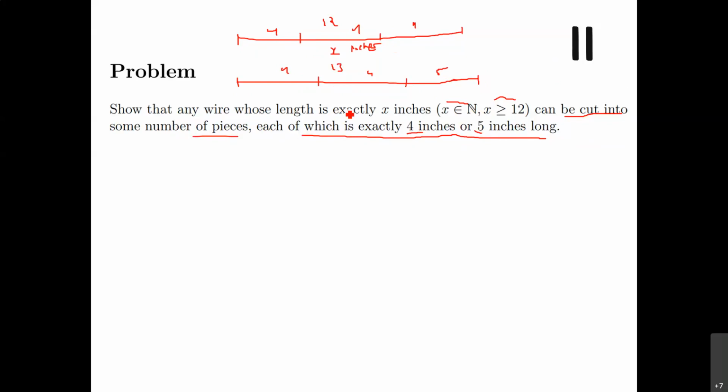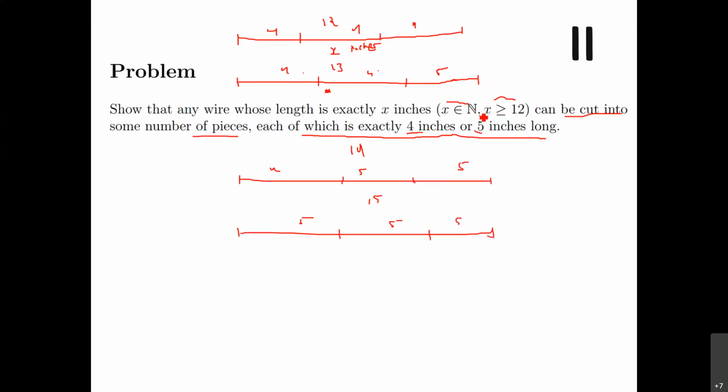You can imagine 14, like you're going to add another one. So you would add it to either this one or this one. So 4, 5, 5. 15 obviously is just 3 times 5, so you add it here. 5, 5, 5.